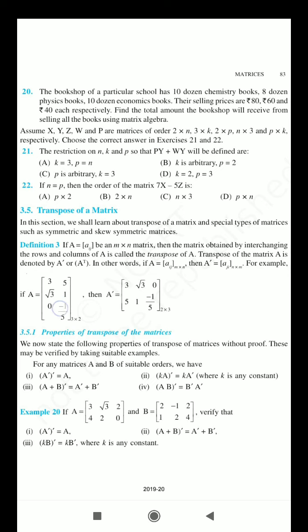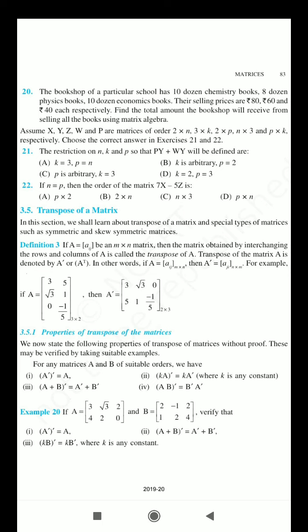To get its transpose, it is expressed in some books by A dash and in some other books by A T. A T means transpose of A. A dash is also transpose of A. In technical language, if any matrix is given as Aij of order m into n, its elements become Aji and the order becomes n into m.